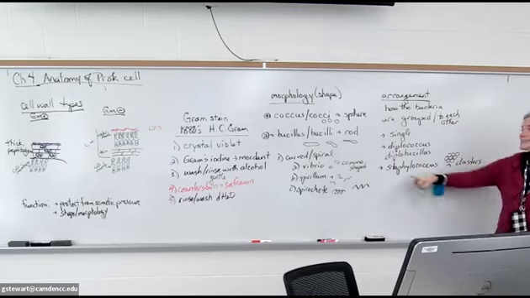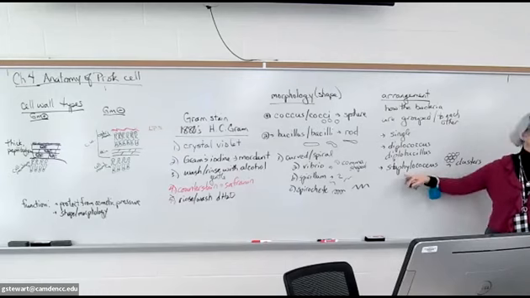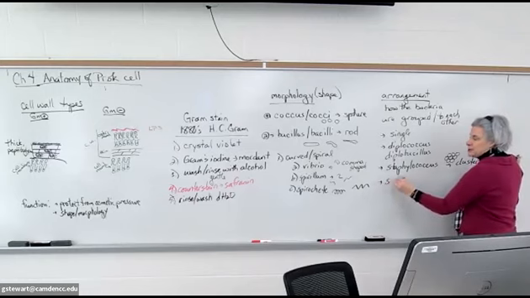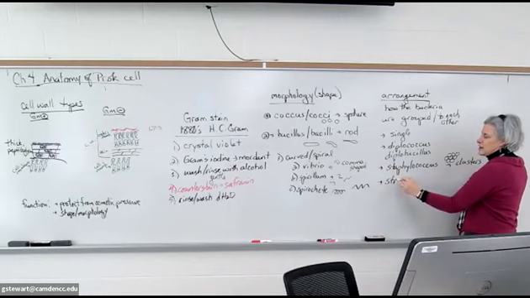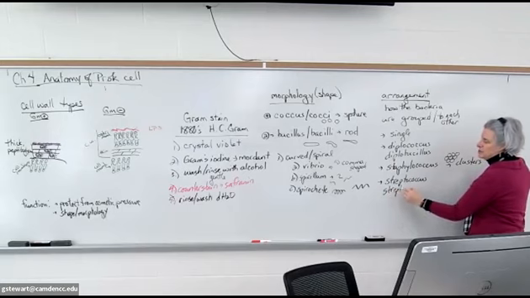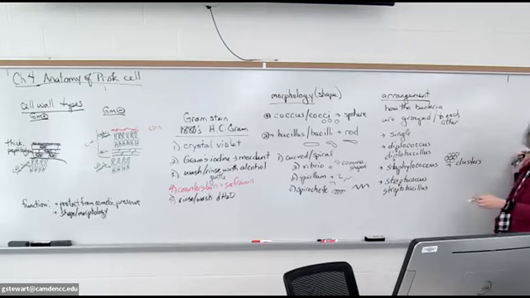And again, Staphylo by itself isn't a word you use to describe arrangement. That's just a prefix. So we say Staphylococcus. If they're in chains, notice lowercase, streptococcus or streptobacillus, or bacilli or cocci.